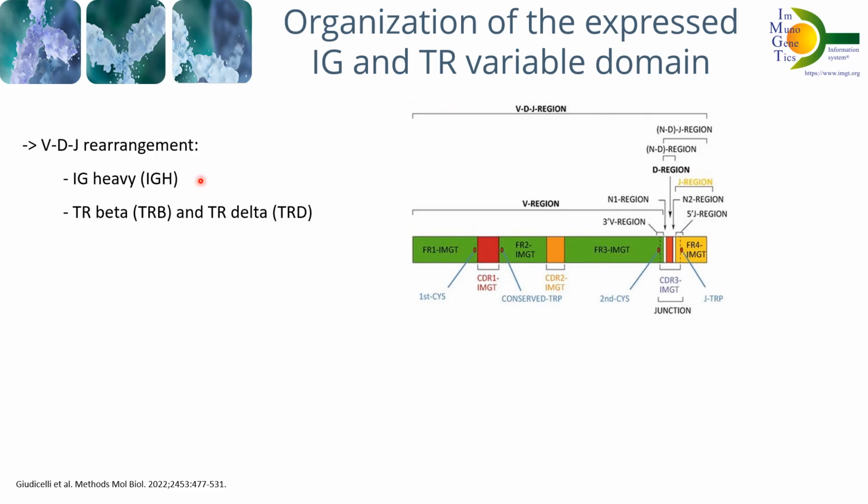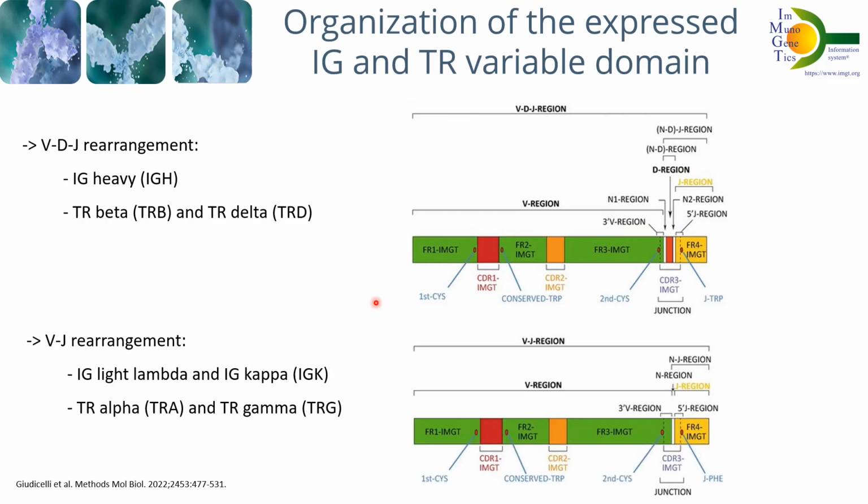This rearrangement is observed in the immunoglobulin heavy chain and the T-cell receptor beta and delta chains. The second rearrangement occurs between the V and J genes, forming the VJ region, and is observed in the immunoglobulin light, lambda and kappa, and T-cell receptor alpha and gamma chains.